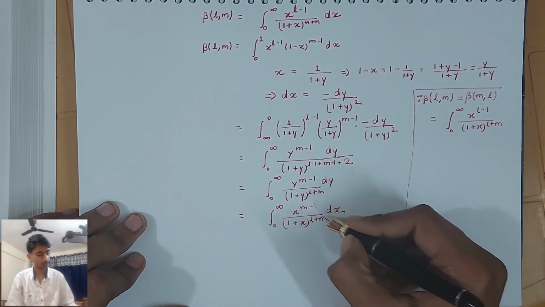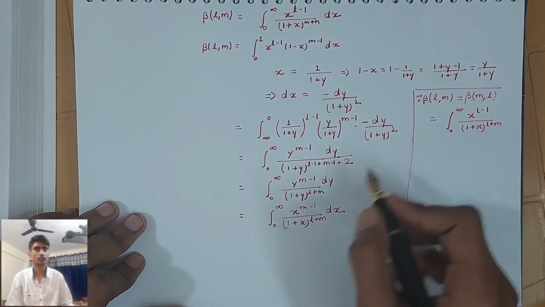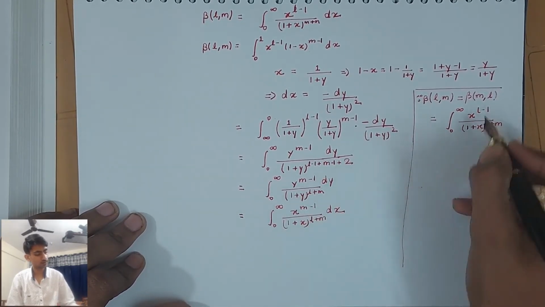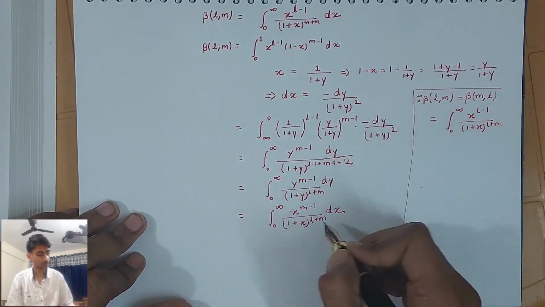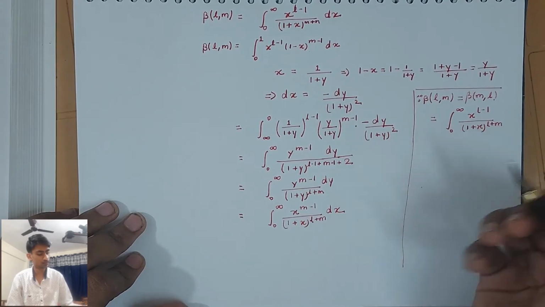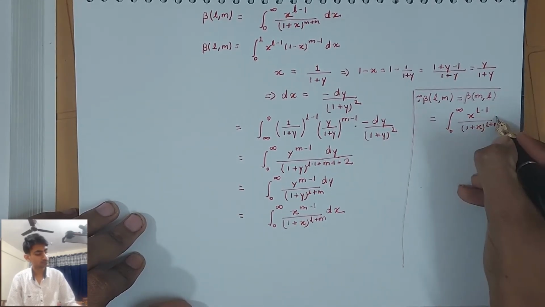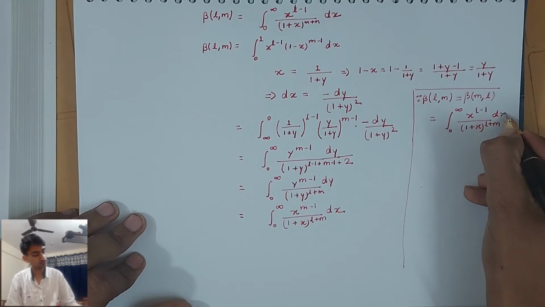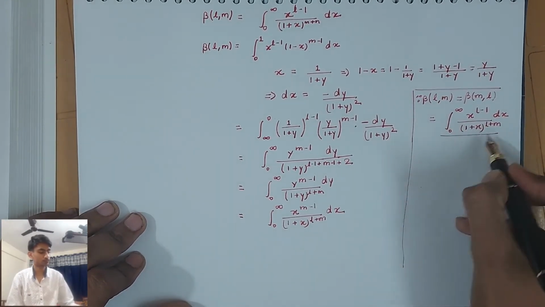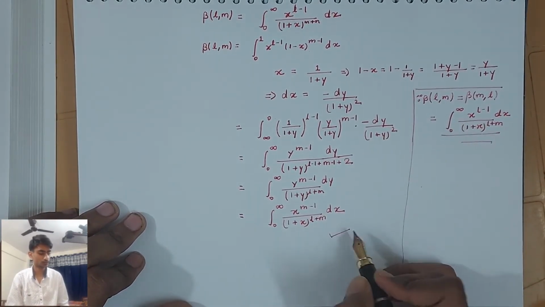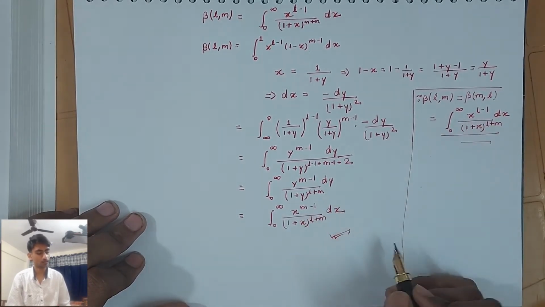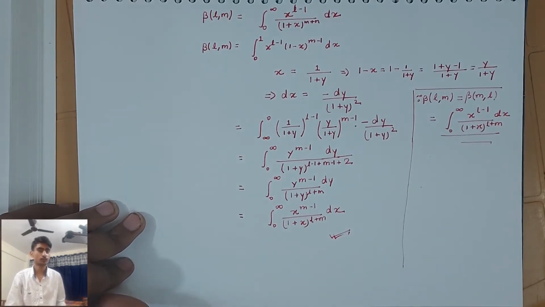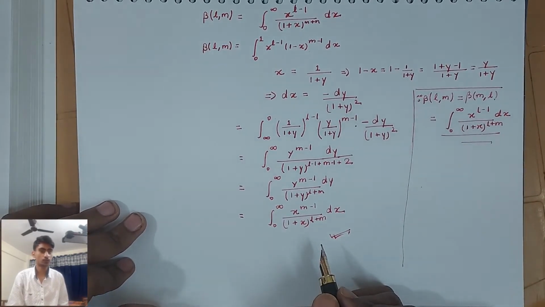If you interchange l and m, you will get this. So you can write any one of l or m in the numerator, and since you had to add both of them, it doesn't matter in the denominator. So that is what I wanted to convey. This is the second form of beta function, and you can interchange l and m in this because of the symmetry. Okay, so let's move to the next form of beta function.